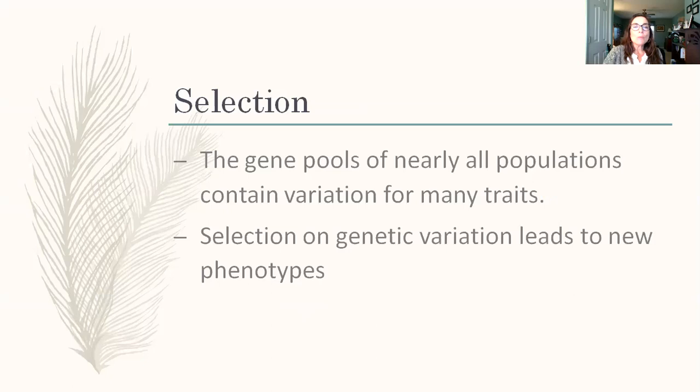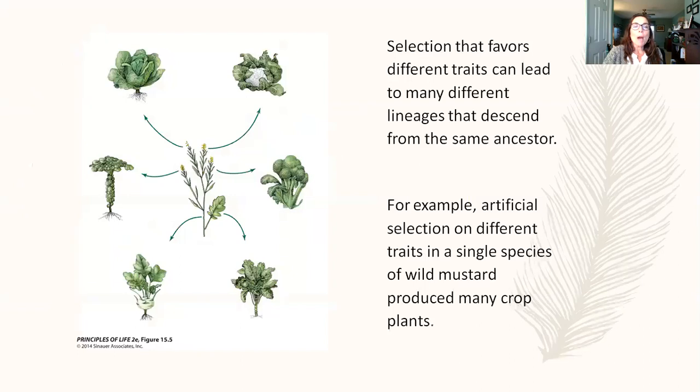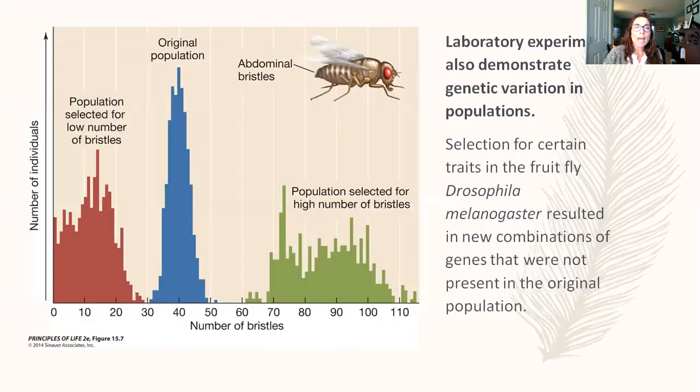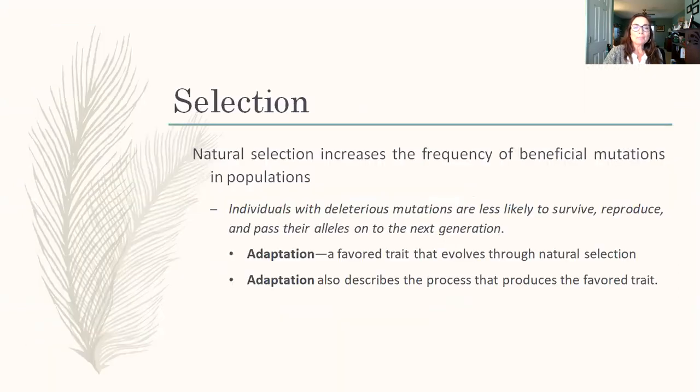Selection is what we just talked about when certain traits within a population are favored over other traits, either artificially or naturally. If we're talking about a trait that's favored, that evolves through natural selection, we call that an adaptation.